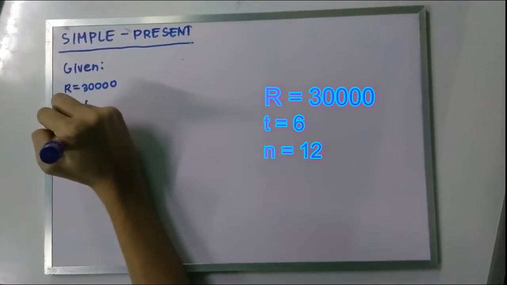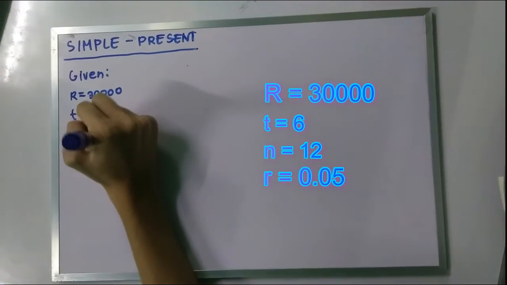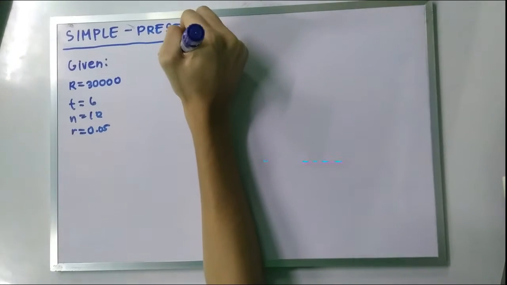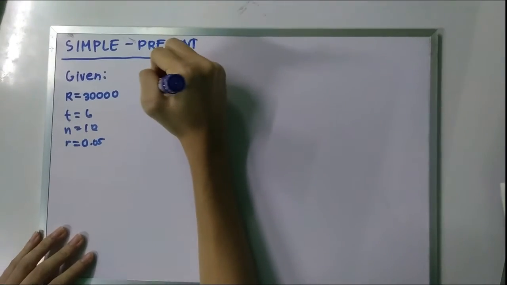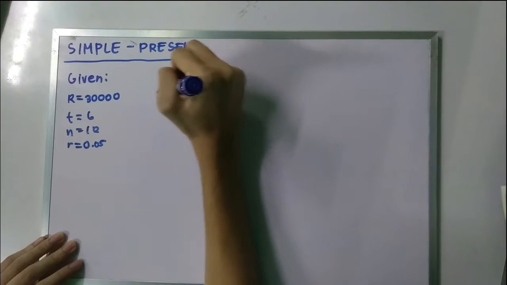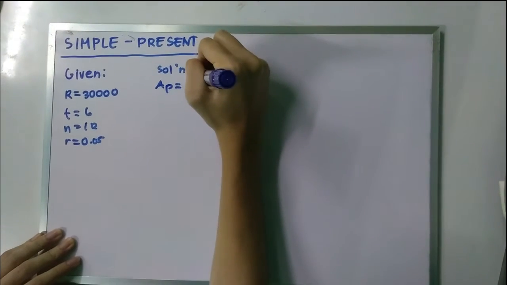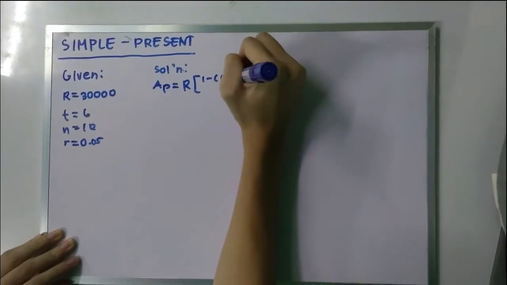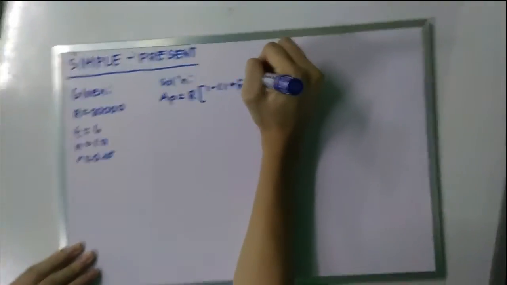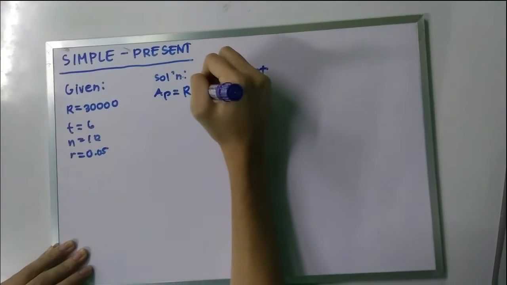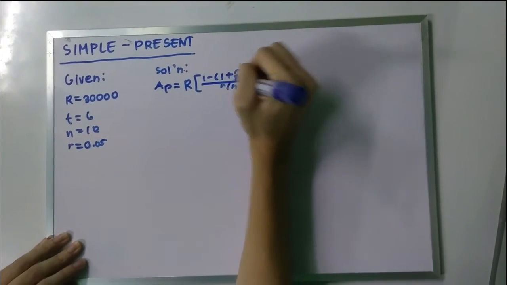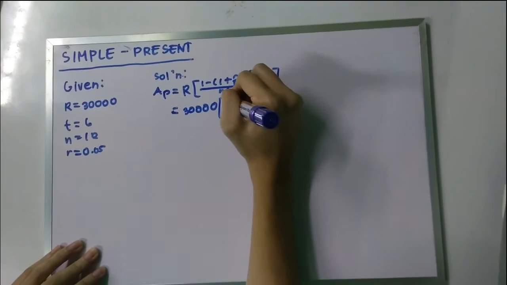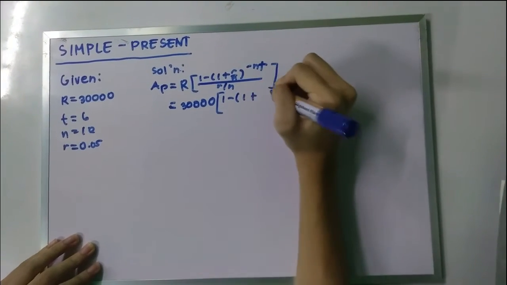The R is 0.05. After finding the given, let's use those values and substitute them to our formula, which is A sub P is equal to R times 1 minus the quantity of 1 plus R over N to the power of negative NT all over R over N. Now that we have written our formula, let's substitute.